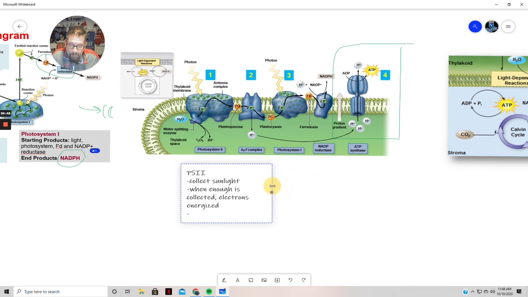There we go. Okay, when enough is collected, electrons are energized. Electrons eject.